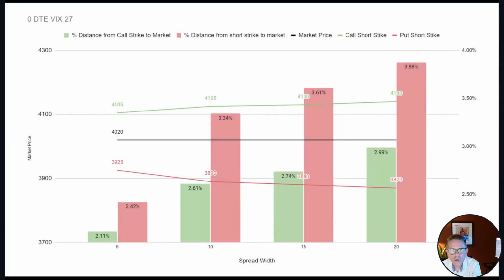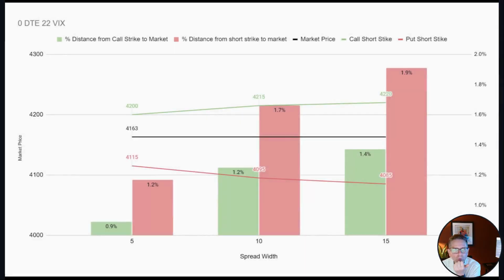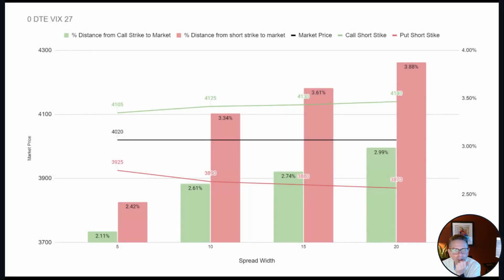Okay, so here's an example of the VIX 27. Okay, so you can see here, this was the VIX 22, 0 DTE. This was the VIX 27, and you can see how much more distance you get from that kind of increase in volatility.